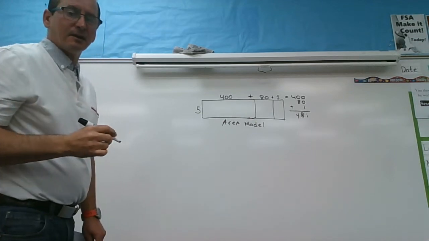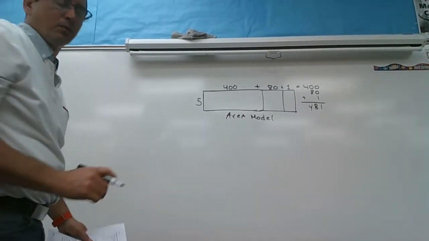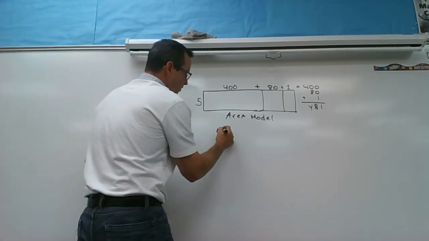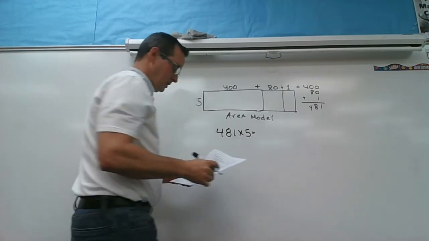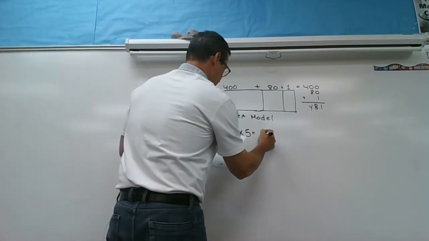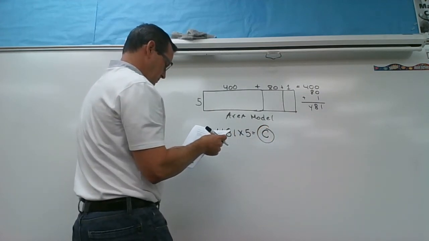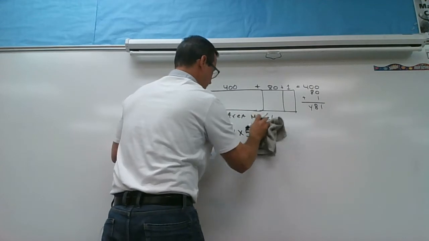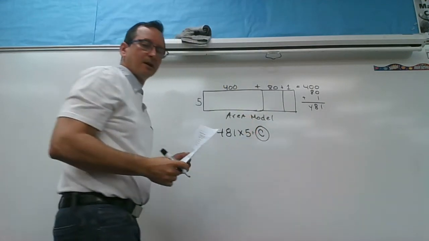Now, when we write that equation down, we say 481 times 5 is letter C. Sorry about that, I was looking at the answer.